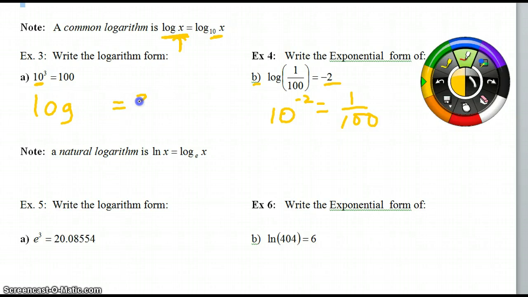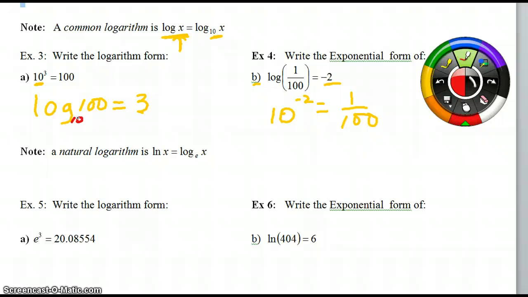The exponent we put on the other side of the equal sign, and this we'll just write as our argument. So the idea with the log with nothing there, there is something there, but what you have to know is that the base is actually equal to 10.